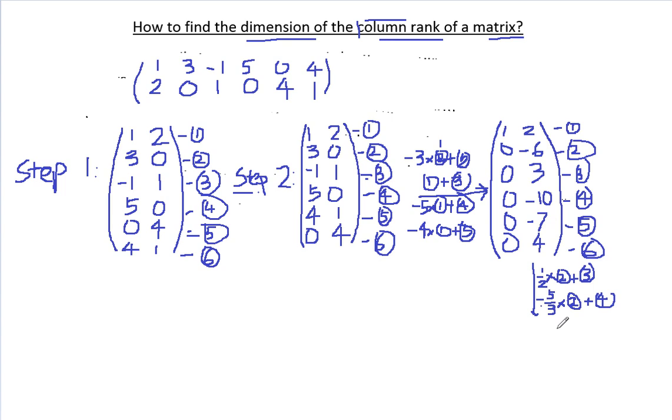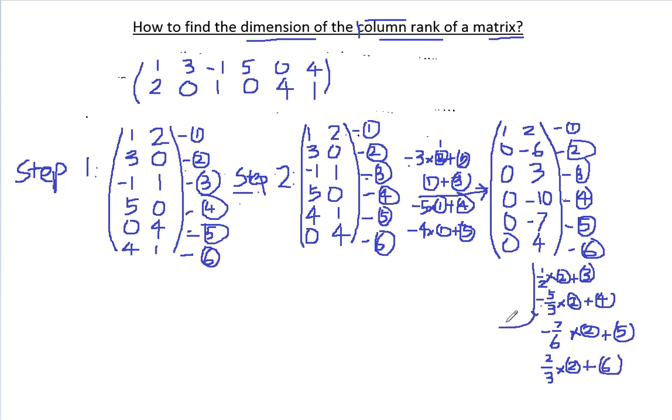To eliminate minus 7, it is minus 7/6 times row 2 plus row 5. And to eliminate 4, it is 2/3 times row 2 plus row 6.